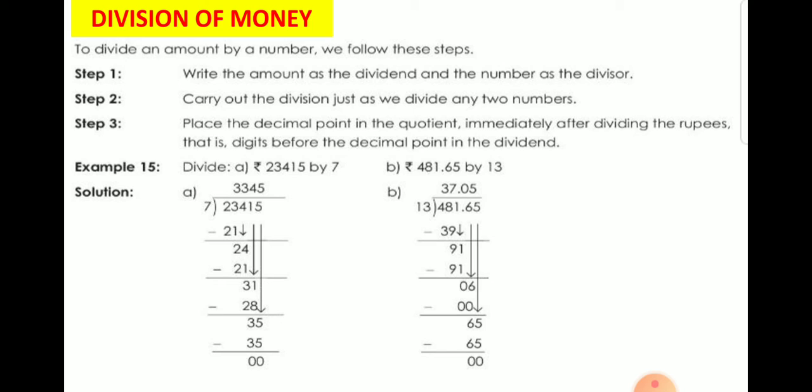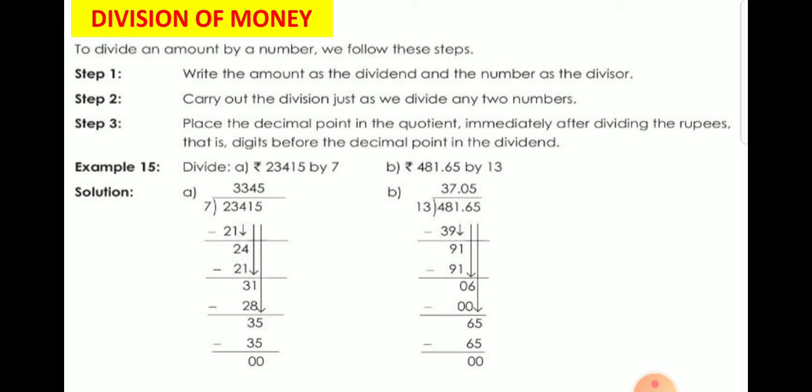Again we will take the first two digits from the left, which is 48, and we will find the multiple of 13 that should be either equal to 48 or less than 48. So 13 3s are 39, and now we will take 3 as our quotient and 39 will be subtracted from 48. 48 minus 39 will give us 9.